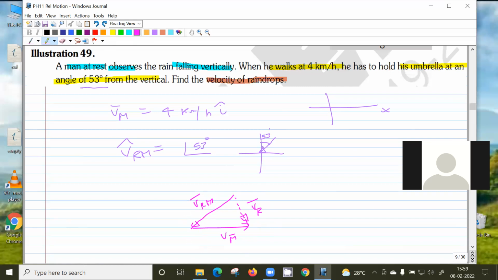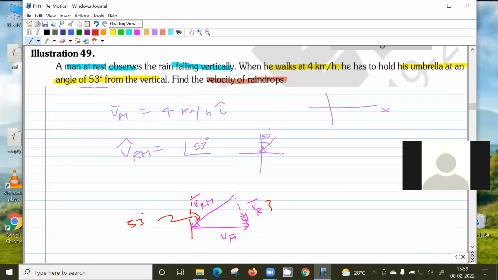This is VRM, that is velocity of rain minus velocity of man. So this triangle is correct, no? Yes, sir. This angle is how much? 53 degrees. So find the velocity of raindrops.